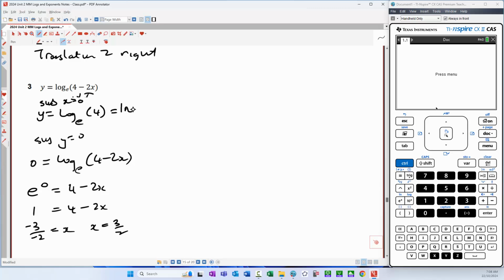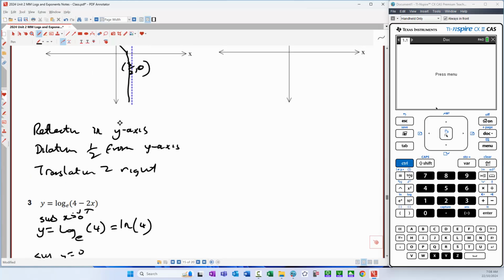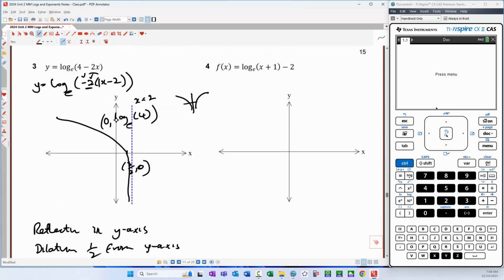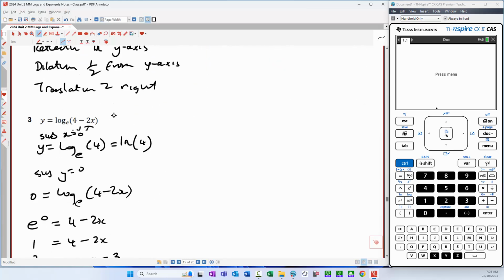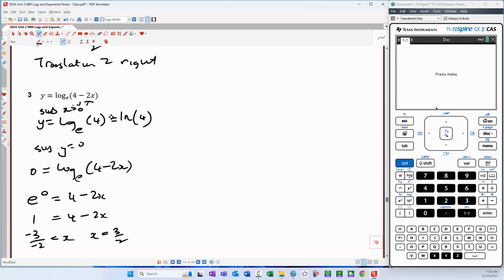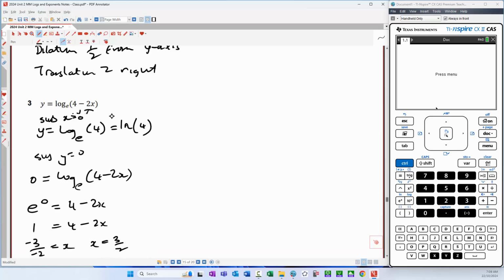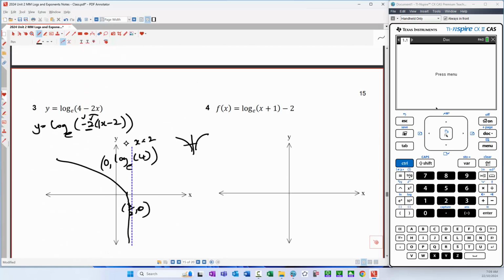You could write ln 4. I don't do that. VCAA doesn't do that, but you're well within your rights to do that. Again, the point I want to hammer is that you're not allowed to write this as log e, or loge, as I've heard VCAA examiners call it.